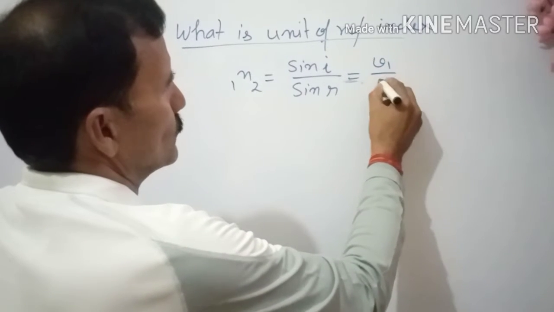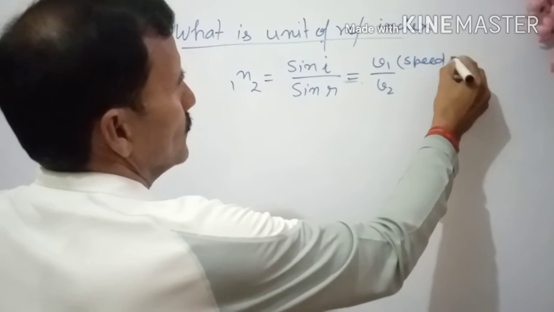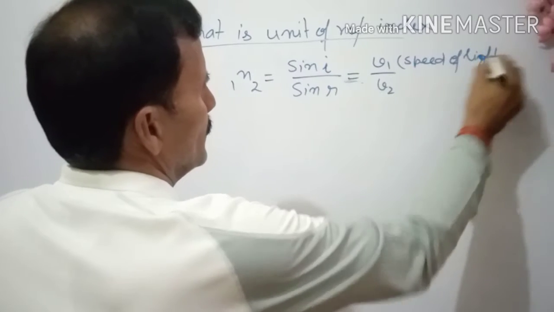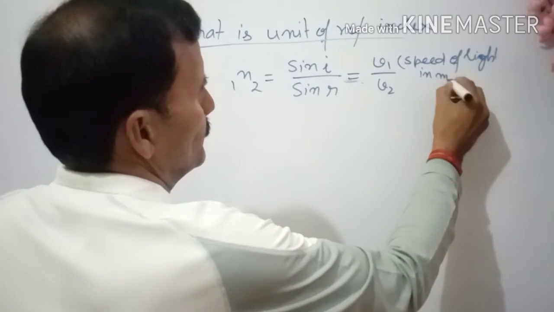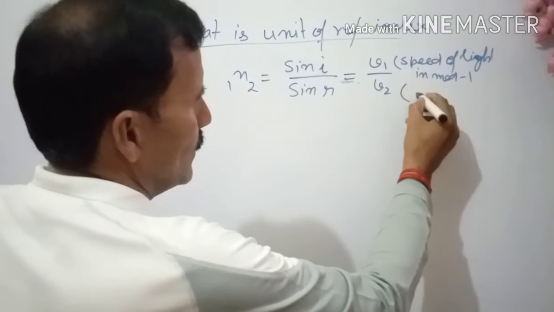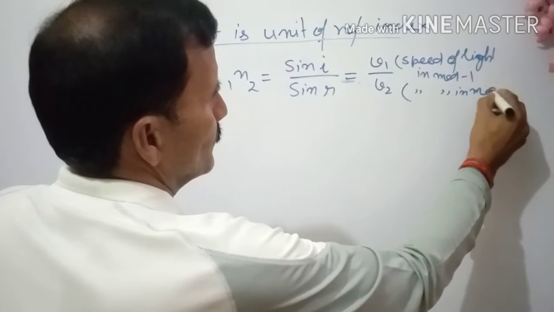v1 upon v2. It is the speed of light in medium 1, from where it is moving, and v2 is the speed in medium 2.